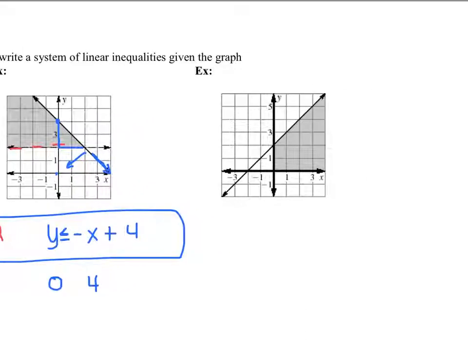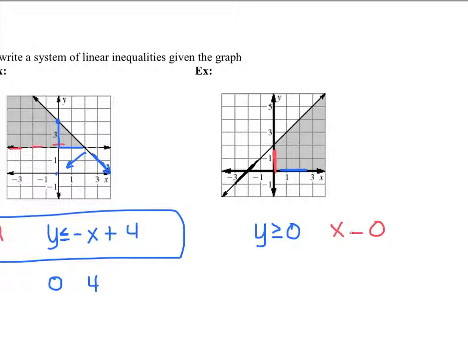This one over here has 3 lines. It has this bolded line right here, this bolded line right here, and then obviously the slanted line right here. So the bolded blue line is y is always 0. It's shaded above, so it's greater than, and it's solid, so y is greater than or equal to 0. The red line is x is always 0.